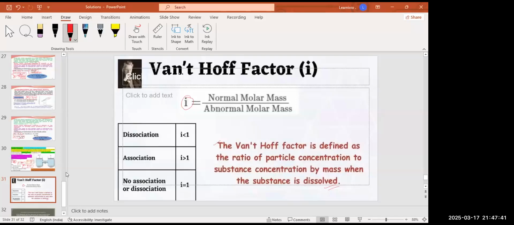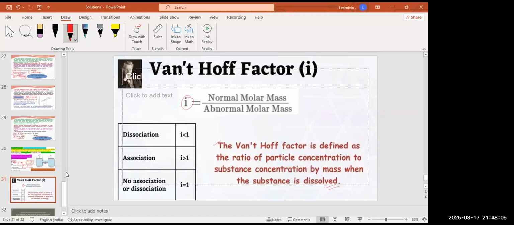Yeah, okay. And you, Apsana, tell me what is abnormal molar mass? The incorrect molar mass that we calculated with the colligative property. Okay, okay.